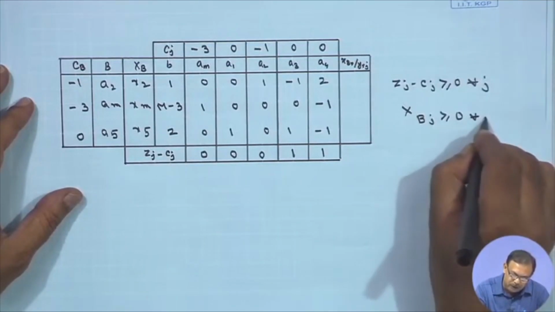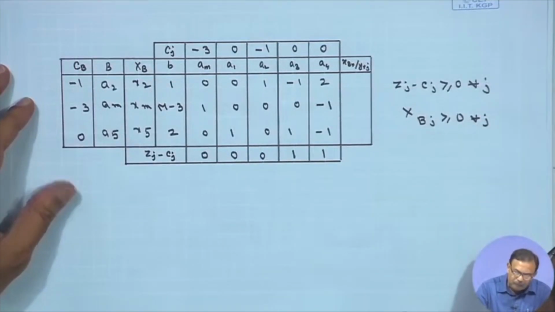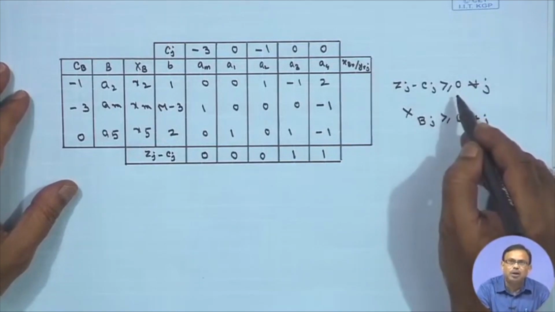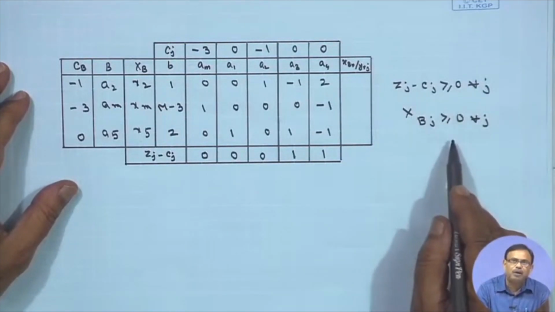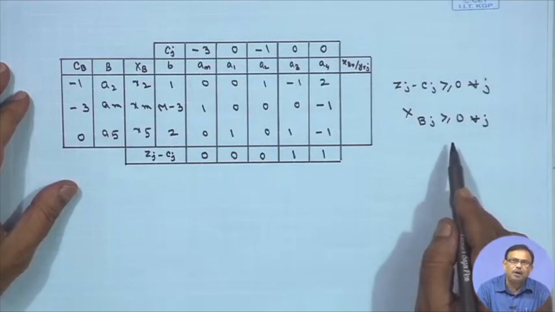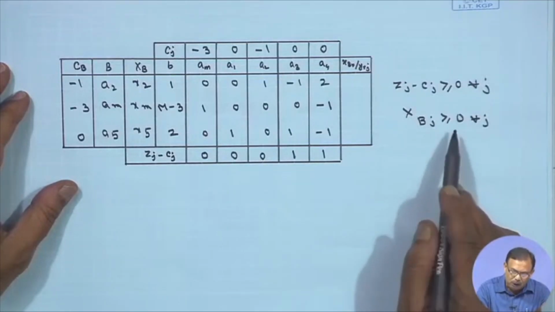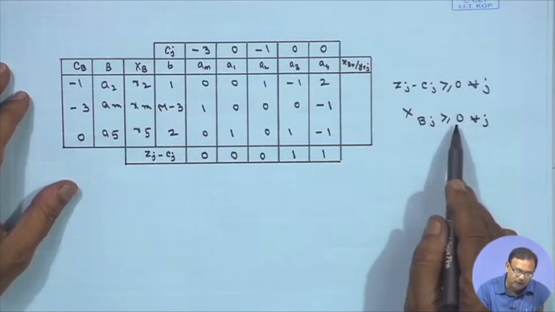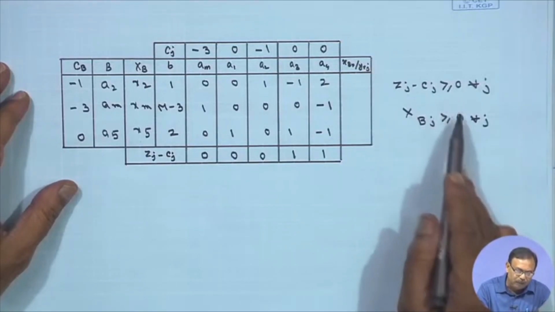So xBj is greater than or equal to 0 for all j. So your optimality condition as well as the feasibility condition have both been satisfied in this case. Once this is satisfied, it means we got the optimum solution.